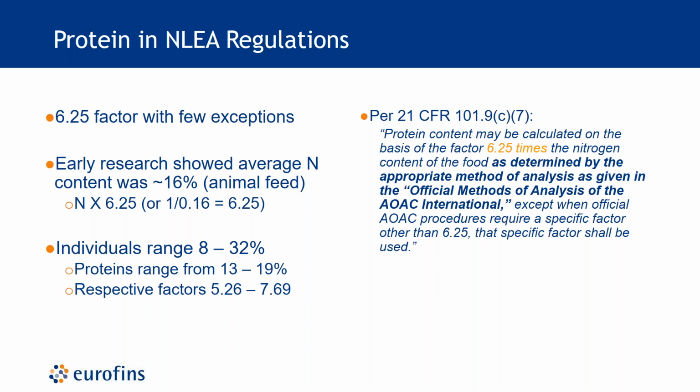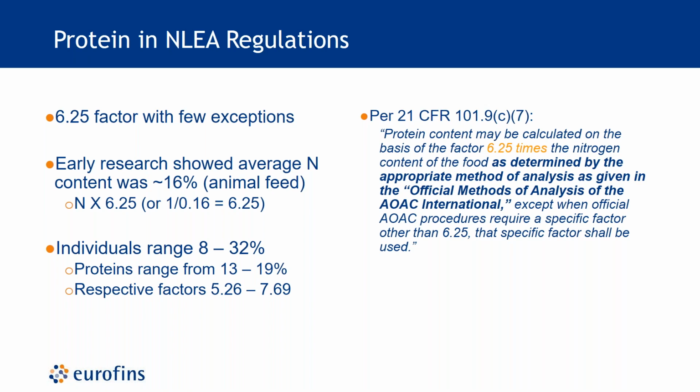Which, when you math that out, when you take 1 divided by 0.16, you get your factor of 6.25. That was then universally adopted into the nutrition labeling regulations as the appropriate factor to use. What we know today is that that's not necessarily true for all proteins, especially with the new upcycled and high protein ingredients that we're seeing today.